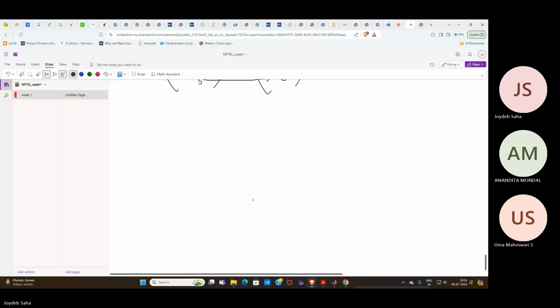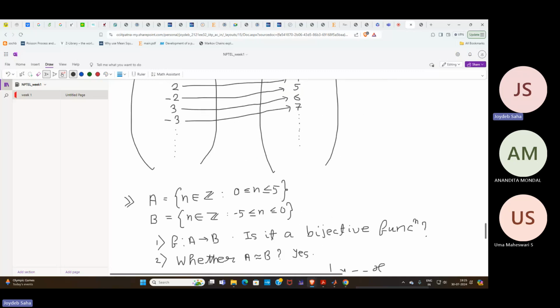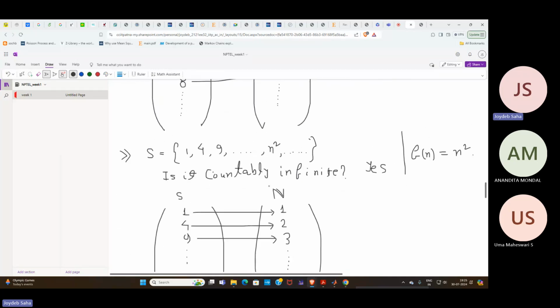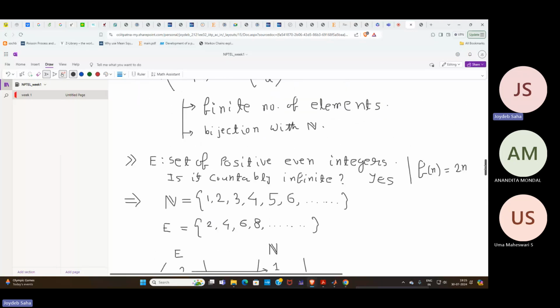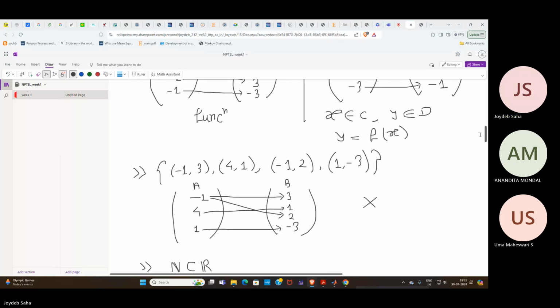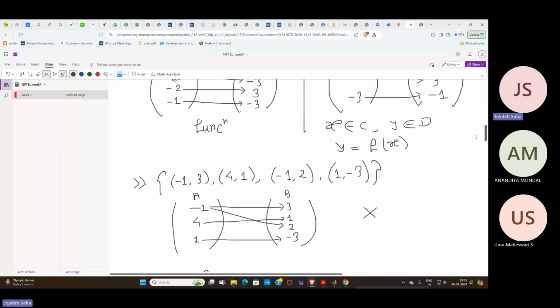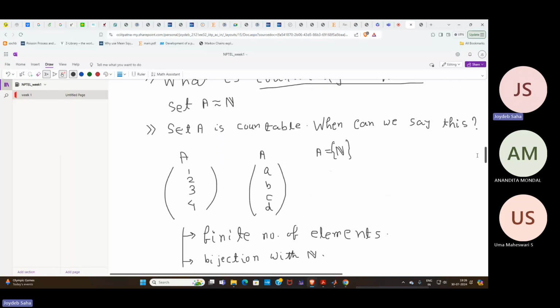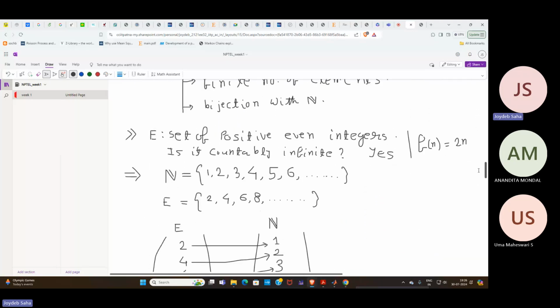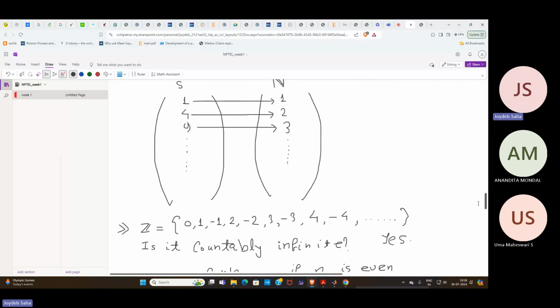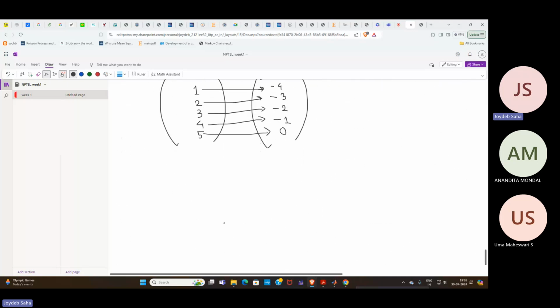Now come to another example. Whether I have discussed this. Countably infinite set, fine.